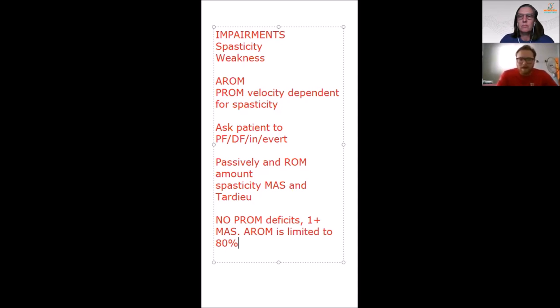I would likely do some further, more functional strength testing at the ankle, especially if we're trying to decide if it's strength or tone, maybe something like a heel raise to try to parse that out a little bit better.